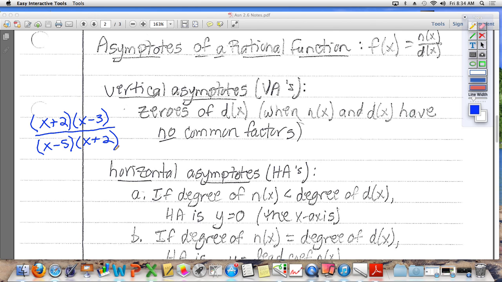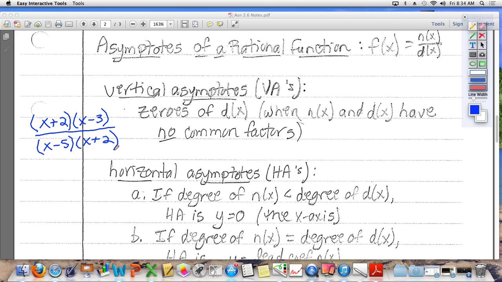Vertical asymptotes, the VAs. What values of x would make the bottom of this, the denominator, not possible? 5 and negative 2. It cannot be 5, cannot be negative 2. If you put a 5 in here, you'd have 5 minus 5. You put a negative 2 in here, you'd have negative 2 plus 2. Either of those situations would get you 0 on the denominator, okay?